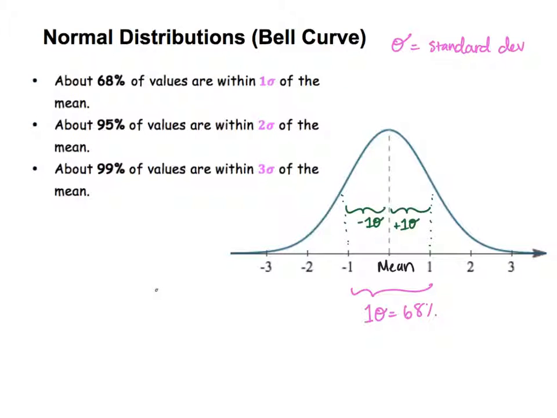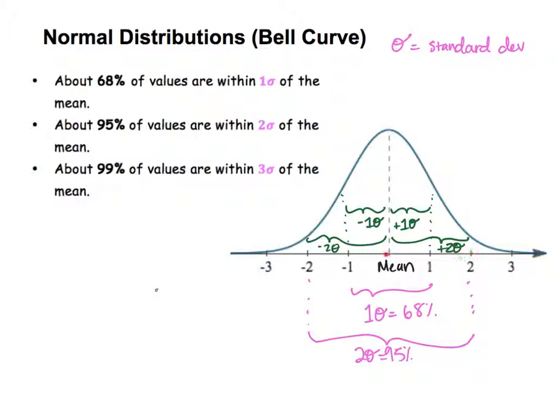If you were to go out to two standard deviations, right and left, you would cover about, or at least, 95% for two standard deviations. So using that example again, if the standard deviation was 10, two standard deviations would be adding 20 to the mean if you were going right.